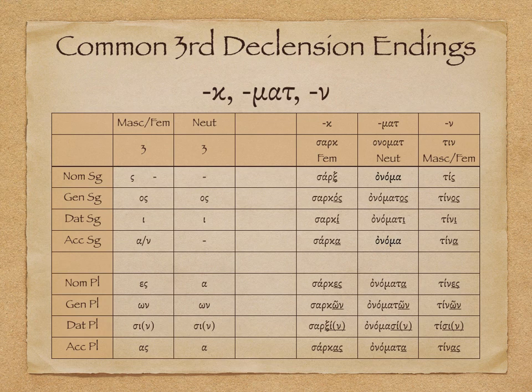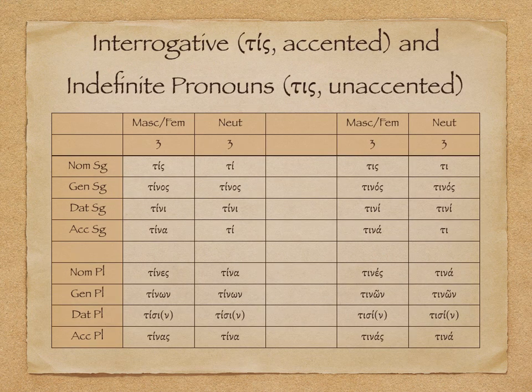And this word tis, who, which, what, is interrogative, as we can see here. This is the interrogative or the indefinite pronoun. If it has the accent, it's a question, who, which, what. If not, then it's just an indefinite pronoun.